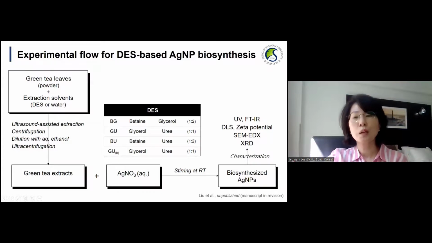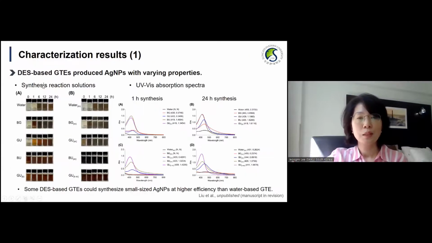And these synthesized silver nanoparticles were characterized using UV-visible spectrophotometry, FTIR, dynamic light scattering, zeta potential, SEM, EDX, XRD, and maybe more. And these are some examples of characterization results. These are the real images of the synthesis reaction solutions over time from 0 to 24 hours. You can see the colors, and maybe the speed of color change, are different depending on the solvent or the solutions.